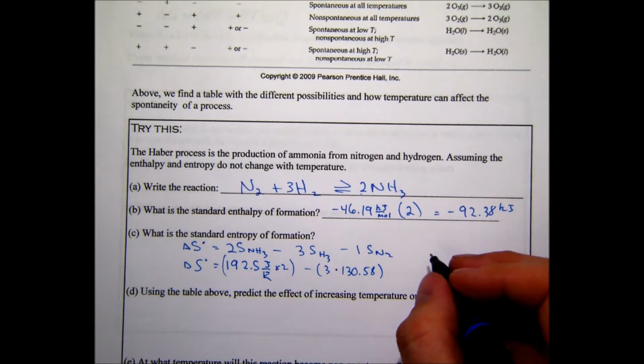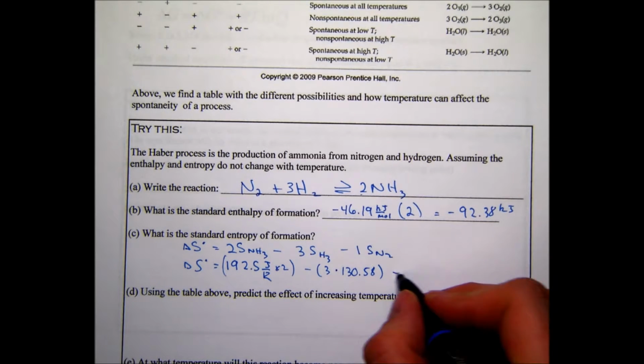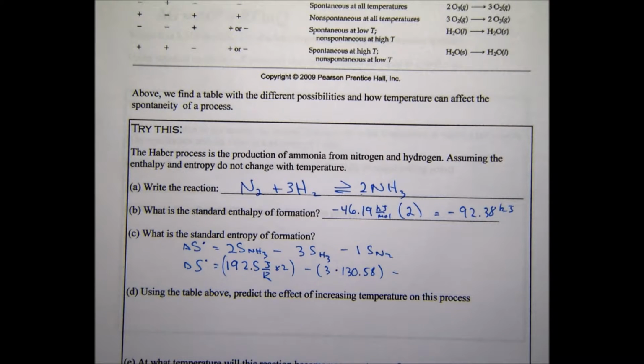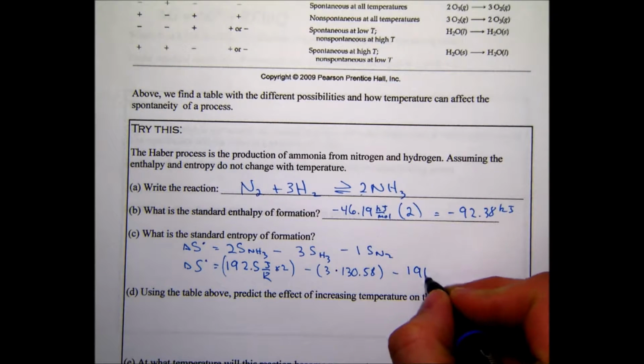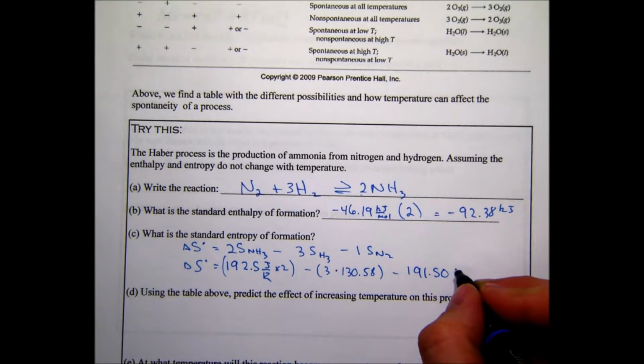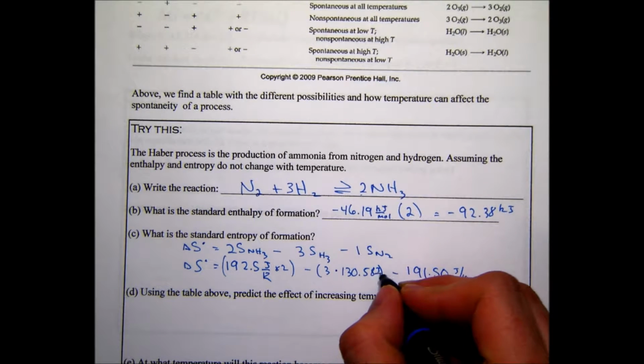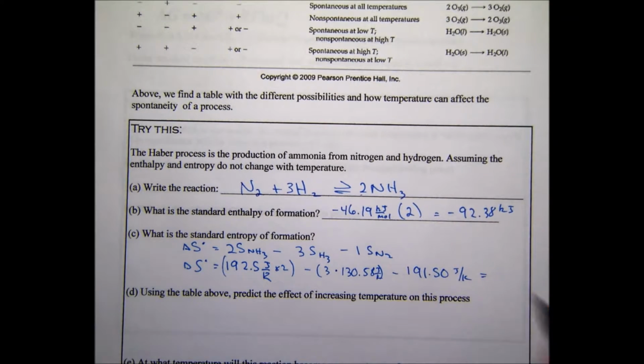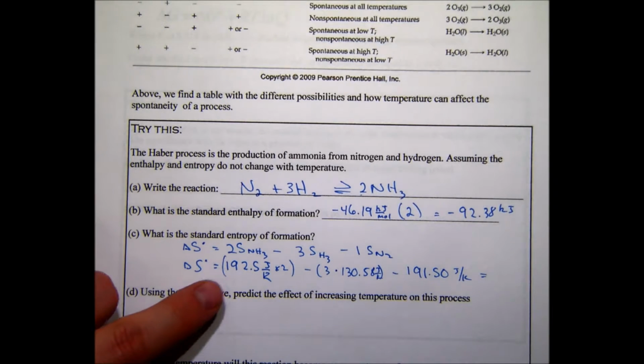130.58, minus nitrogen, 191.50. These are all joules per Kelvin. So we go through and do those calculations.